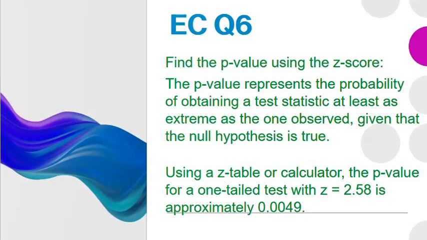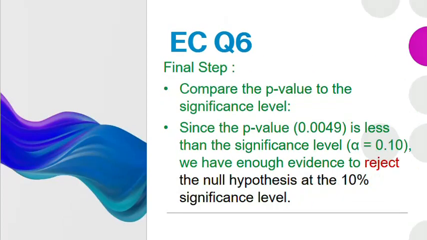Then, after we have solved all of this, we can do the analysis for our final step, which is comparing the p-value to the significance level. As we found earlier, the p-value of 0.0049 is less than the significance level, or alpha value, of 0.10.